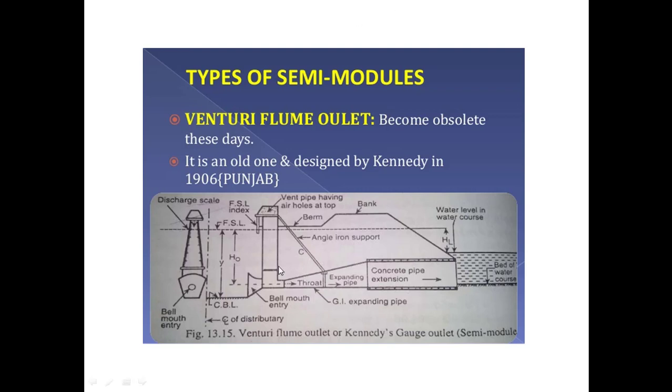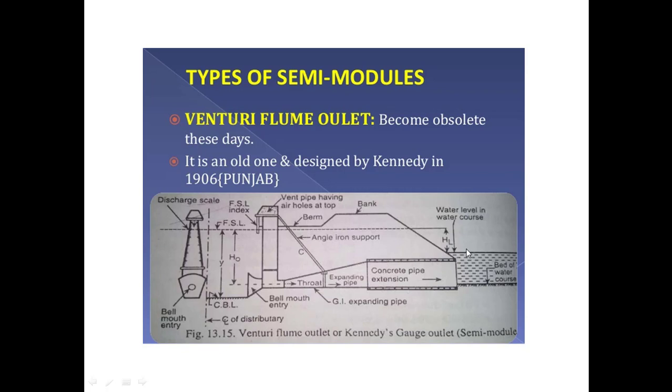This is the example of a semi-module. We have a Venturi flume. This was designed by Kennedy in 1906 in Punjab. This is the full supply level of the distributary. This is the bell mouth entry through which the water enters here, moving to the throat and then expanding in the pipe, and then through this section the water enters the water course.